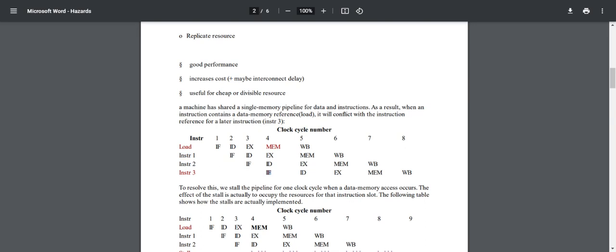So in this particular combination, structure hazard will occur. How? The question is how structure hazard will occur. For that, let us try to look into the problem in a wider fashion. Suppose a machine has a shared single memory pipeline for data and instruction.